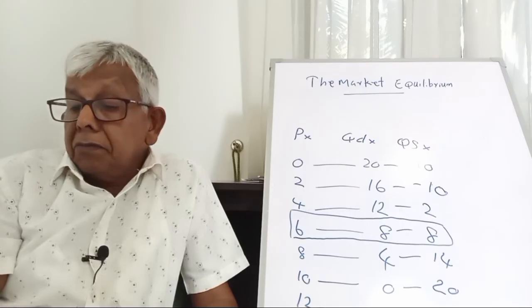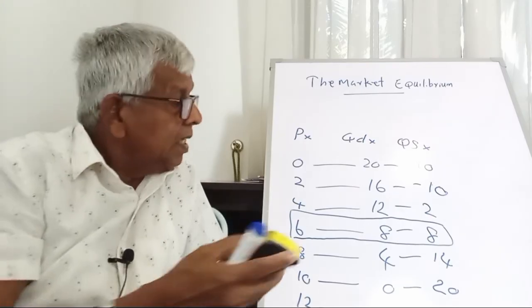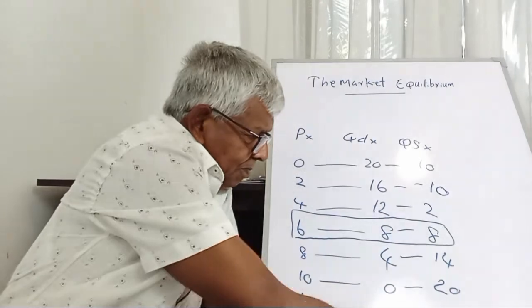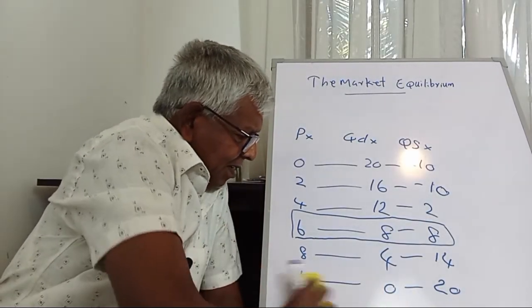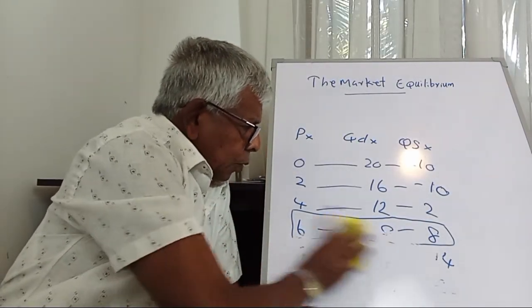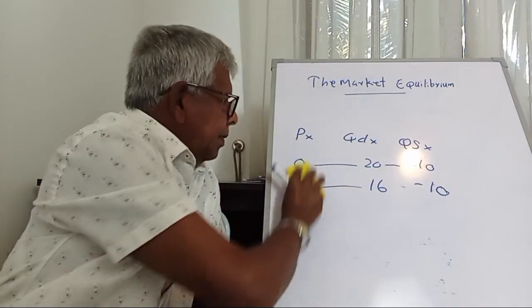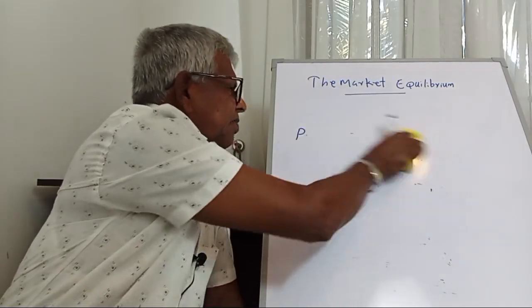Market equilibrium with demand and supply curves. Now we can draw the demand curve and the supply curve. It's very easy.